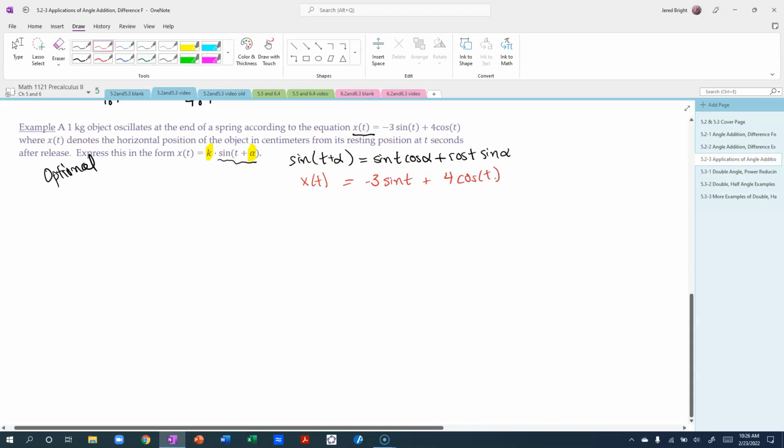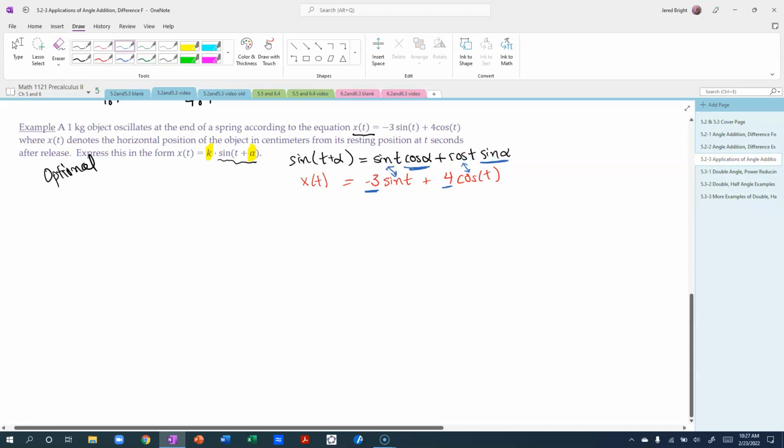Now this might take a little bit of time to recognize, but I think we're given some information. When I look at this, negative 3 seems to be the value of cosine, and sine seems to be the value of 4, because I have cosine t appearing right there and sine t appearing right there.